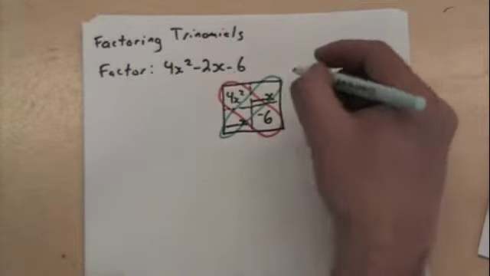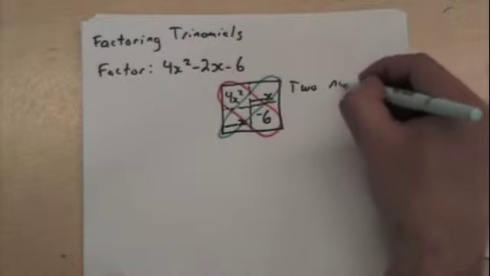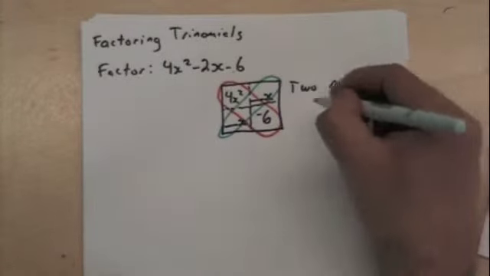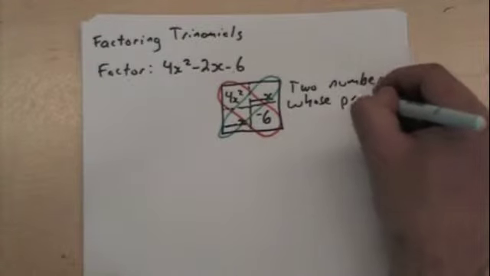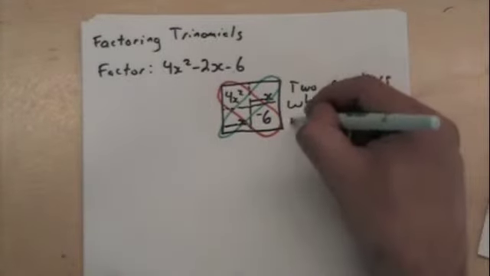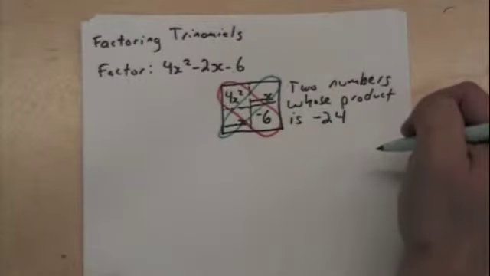So we're looking for two numbers whose product is negative 24. But what else do we know about these two numbers?